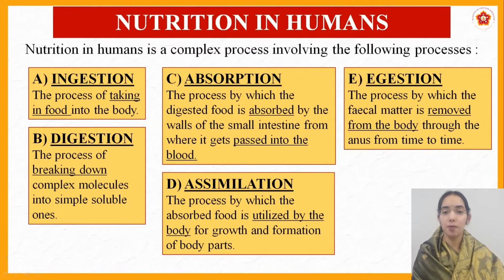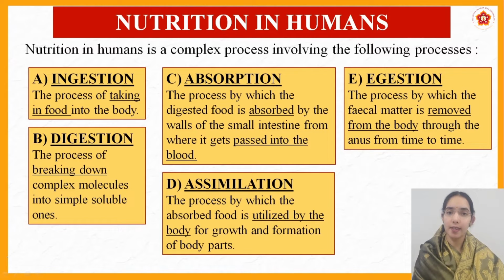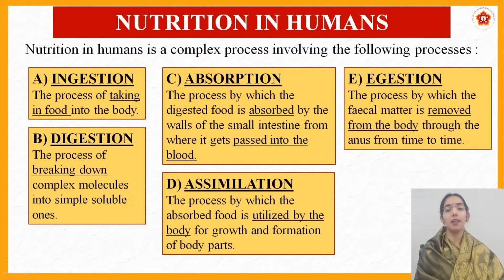The absorbed food is then utilized by the body parts, and this process of utilizing it is known as assimilation, and the leftover matter is removed from our body through the anus, and this process is known as egestion.